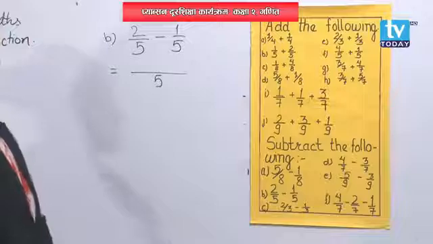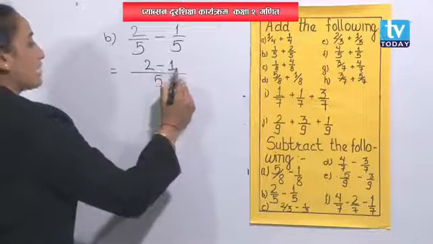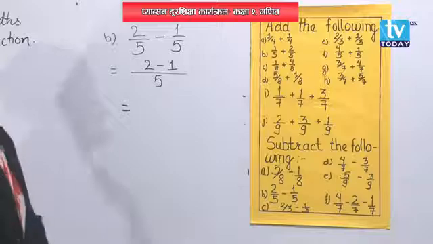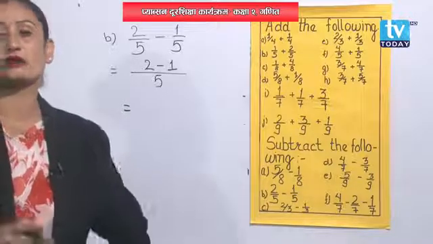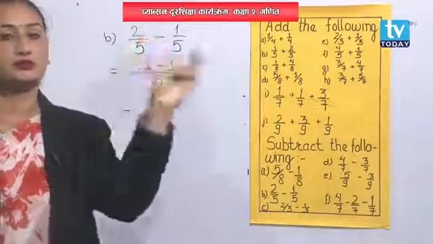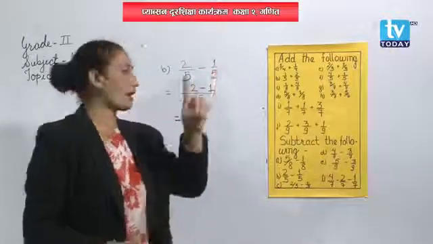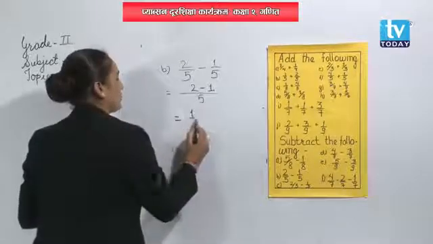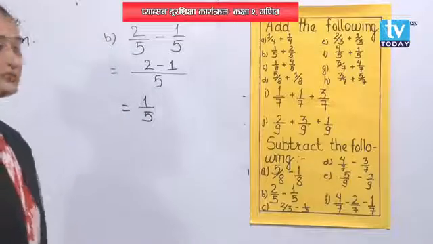Now write down 2 minus 1. If we subtract 1 out of 2, then what will be left? There are 2. If I remove 1, then how many will be left? 1. So write down 1 by 5. Done? It's very easy, right?